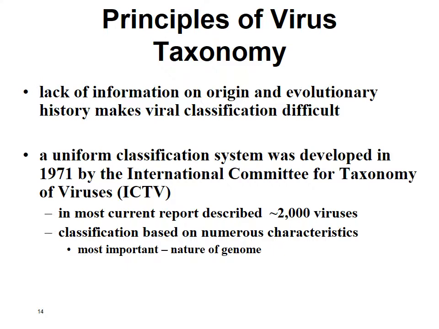Since then, the number of viruses and taxonomic categories has continued to expand. In its 8th report in 2008, the ICTV described almost 2,000 virus species and placed them in 3 orders, 73 families, 9 subfamilies, and 287 genera.